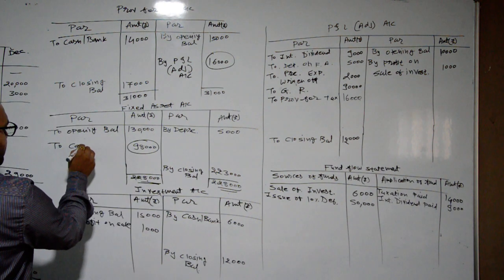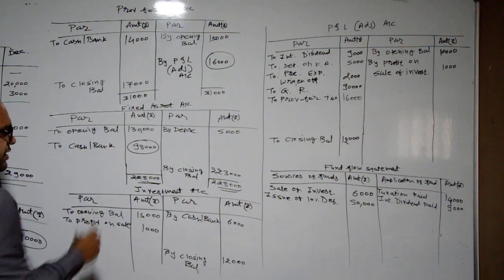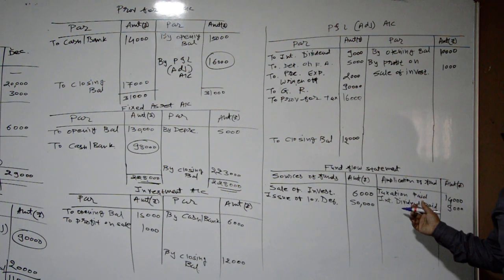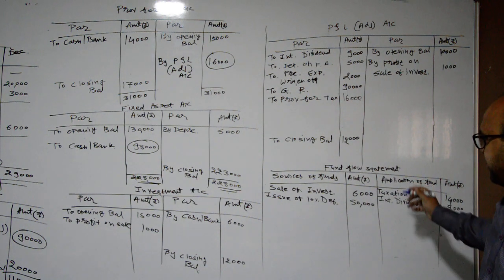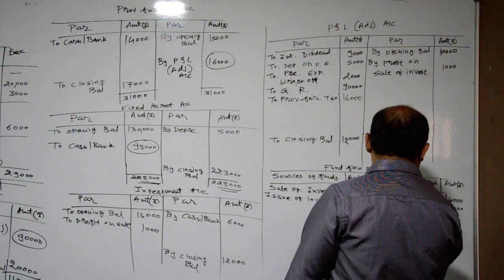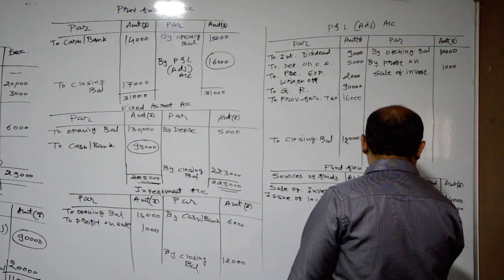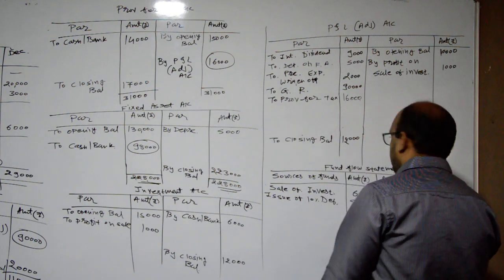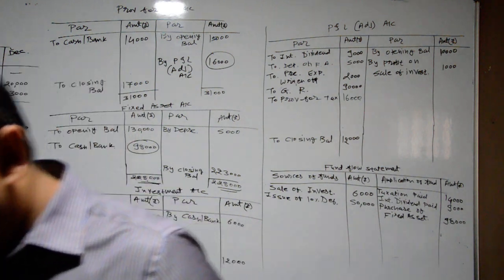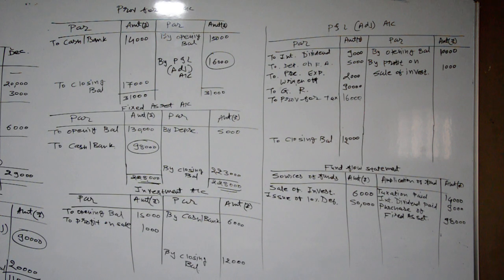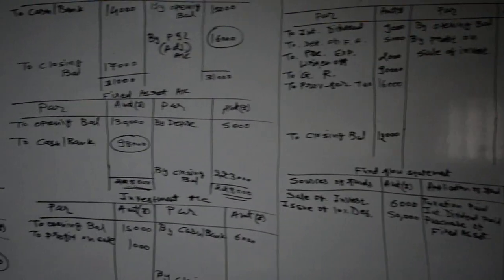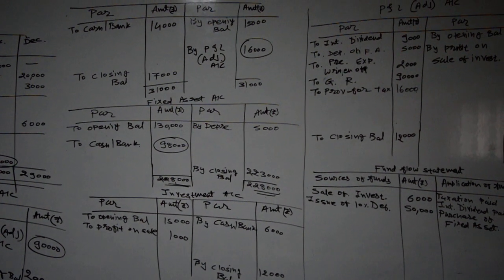So the journal entry will be fixed asset account debit to cash or bank account, and the second effect will be given on application of fund side, because when we are purchasing fixed asset, the effect will be on application of fund side. Purchase of fixed asset, how much amount? 98,000.